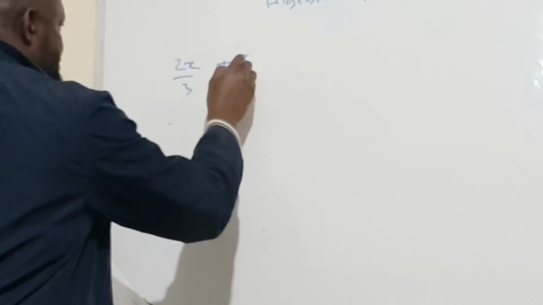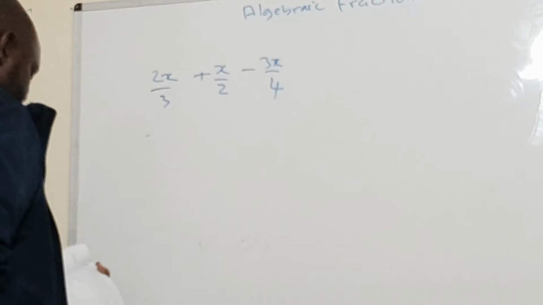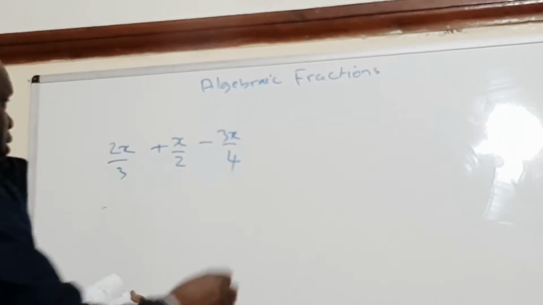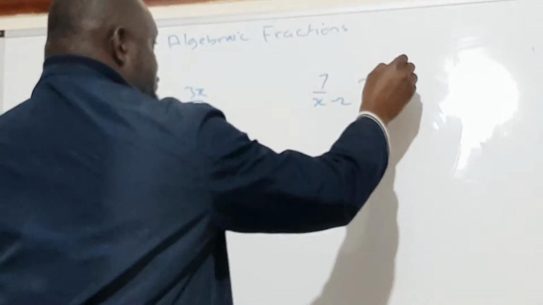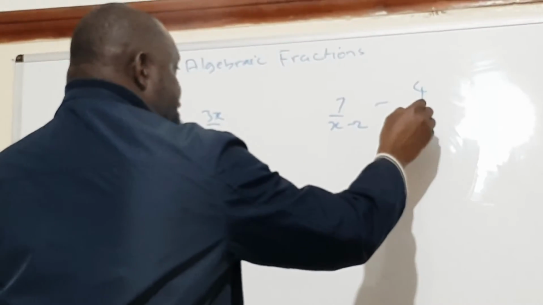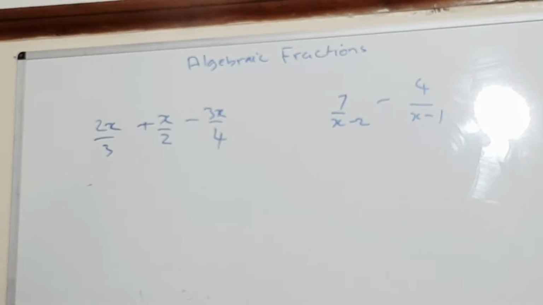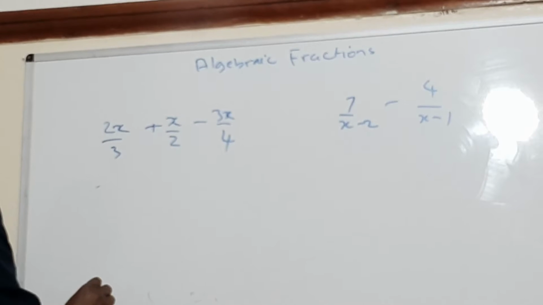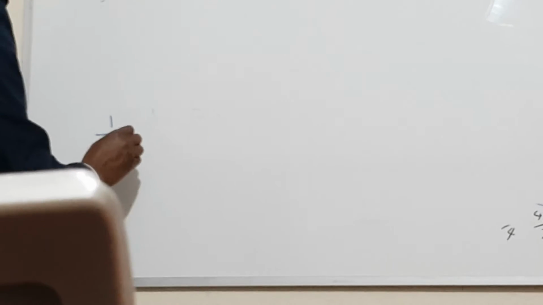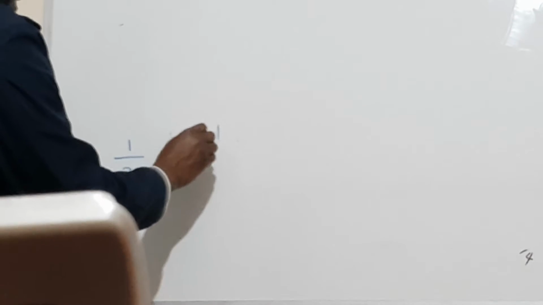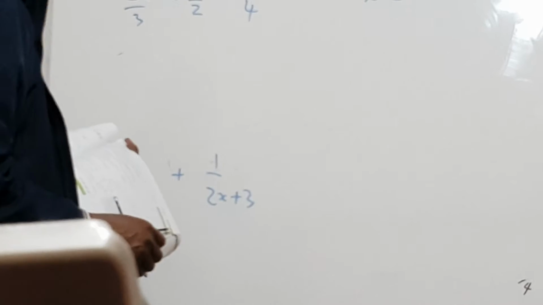Plus x over 2 minus 3x over 4. They can give you that. They can give you 7 minus 2 minus 4 over x minus 1. Okay? They can give you 1 over 2x minus 3 over 2x plus 3.